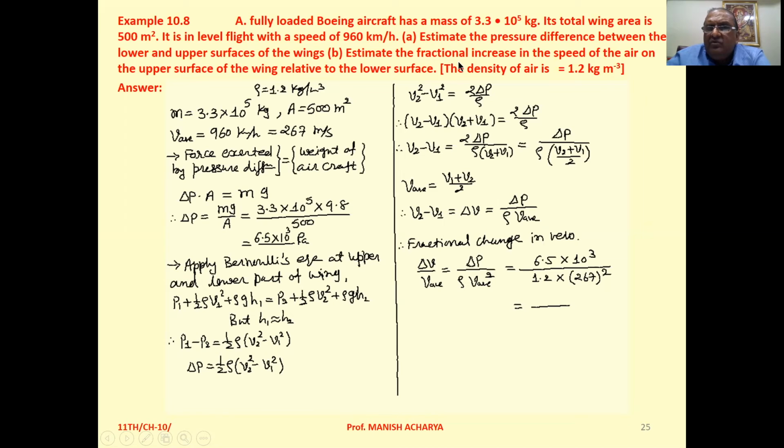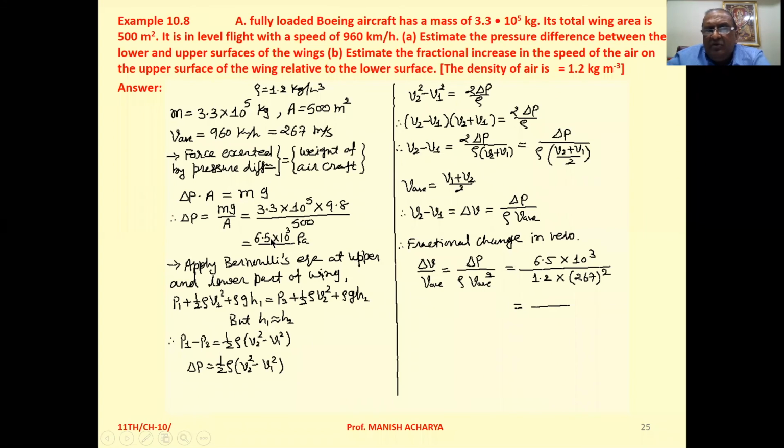Now we want to calculate the fractional increase in the speed of the air. So fractional change is change in speed upon average speed. To calculate the fractional change in velocity, multiply both sides by 1 upon V average. On the left hand side we get delta V upon V average, equal to delta P by rho V average squared.